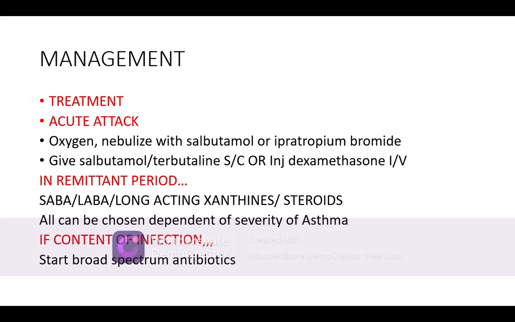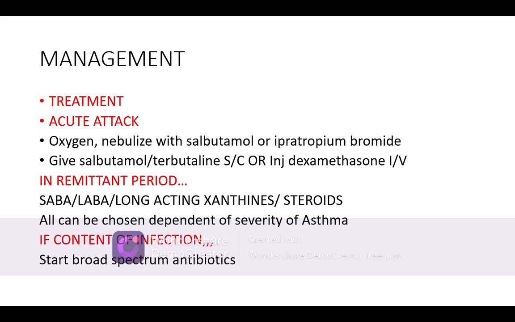Treatment of acute attack, if it's there: oxygen, nebulizer with a short-acting beta-2 agonist, that is salbutamol or terbutaline. If it will not work, escalate to the anticholinergic ipratropium bromide, which can also benefit the patient.